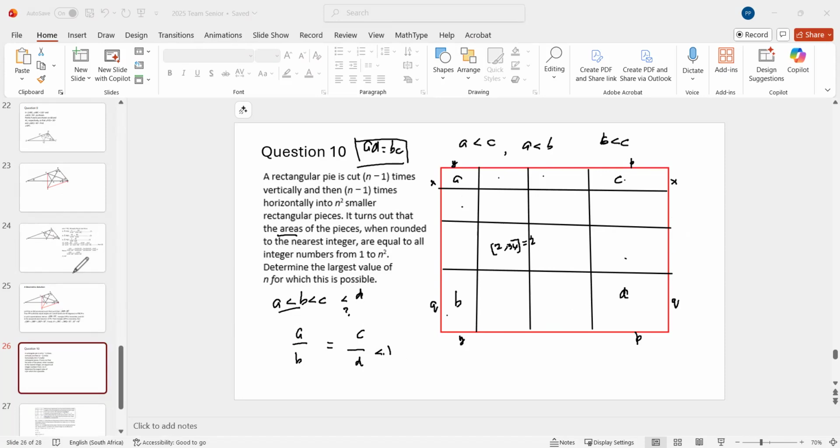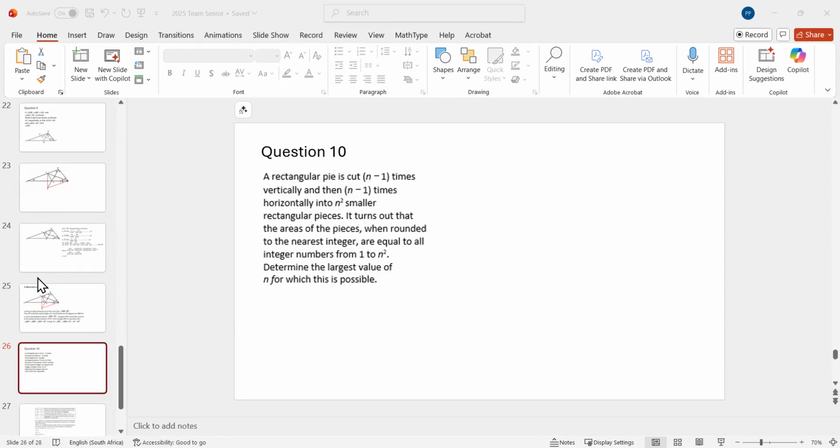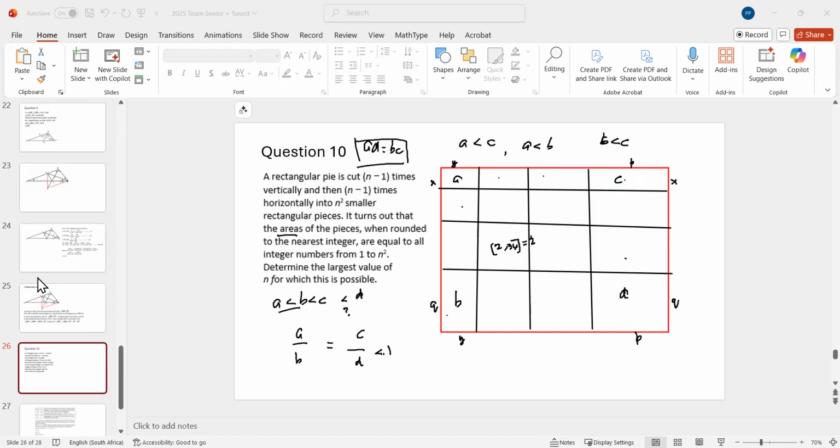All right. Now, when I looked at the solution, oops, can I get this thing back? Yeah, I can get it back. Oh, that was a little bit worrying. The solution says that D is the largest and A is the smallest of all these squares. In other words, the area D, if you round off D, you'll get n squared.